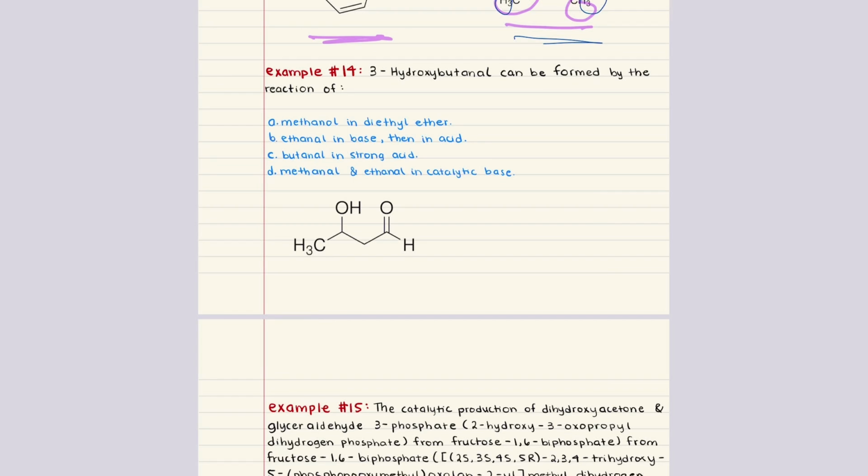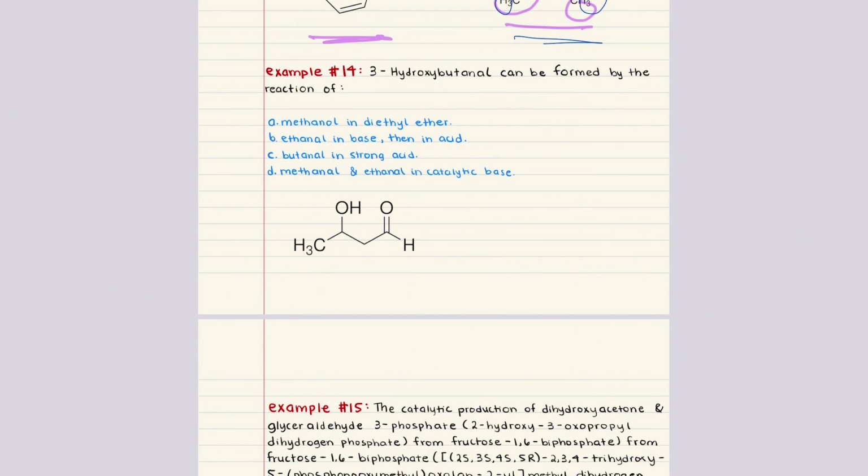The reaction is stopped after aldol formation before dehydration because the product is not an alpha-beta unsaturated carbonyl. So this means that after the aldol is formed using strong base, the reaction has to be halted by the addition of an acid.